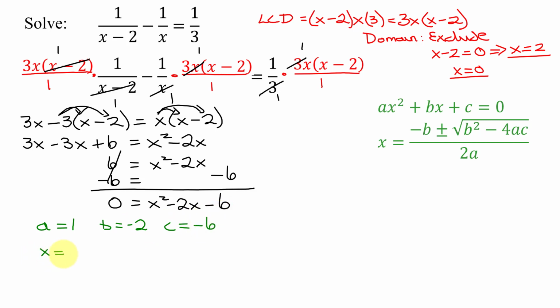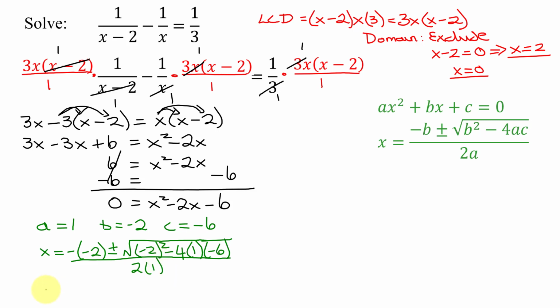So x equals, just plugging numbers into my quadratic formula, negative b, so it's the opposite of negative 2, plus or minus the square root of b squared, negative 2 all squared, minus 4 times a times c. A is 1 times c is negative 6, all divided by 2 times a, and what was a?